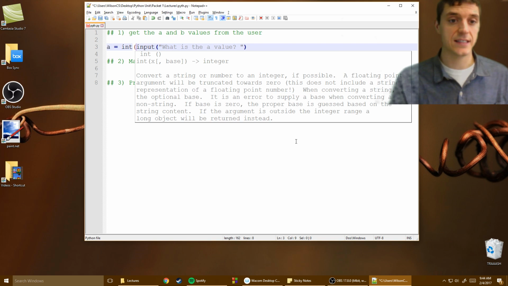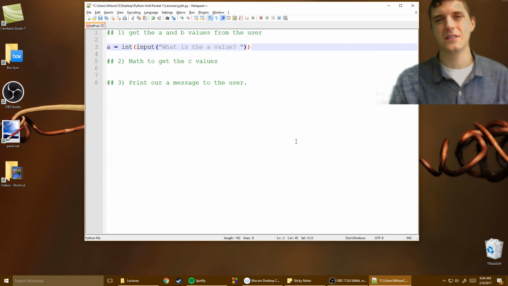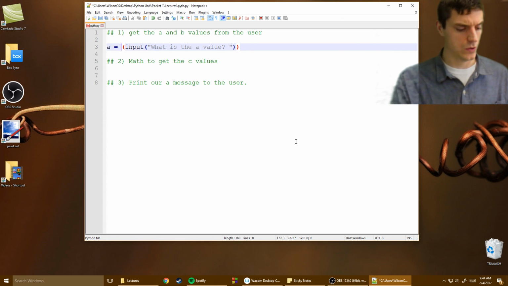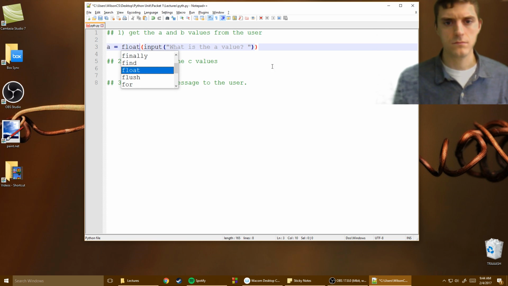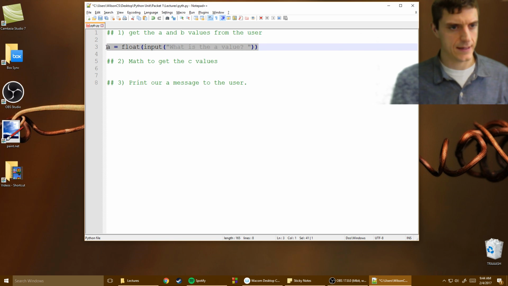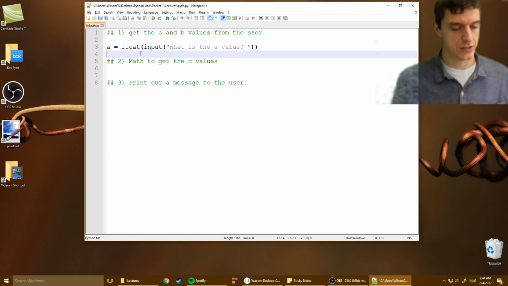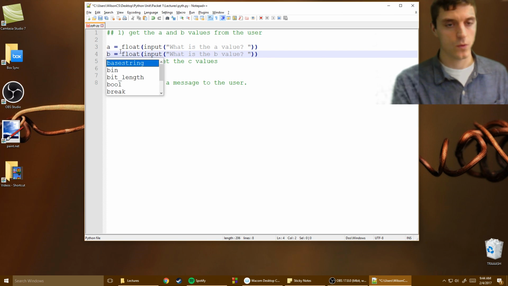So you can give it a heads up that it's going to be an integer, like this. But the problem is if they put in 8.5, you're not going to be able to do very good work with decimals if you only accept integers. So for this case, I'm going to do float. And I'm going to just copy and paste this and do that for the B value. Now one thing I want to show you on this one, watch what happens when I run this.